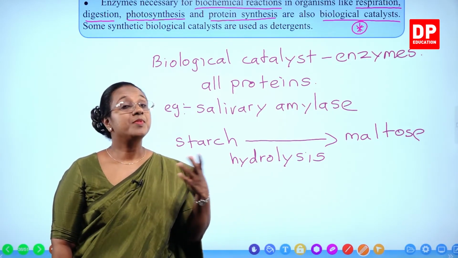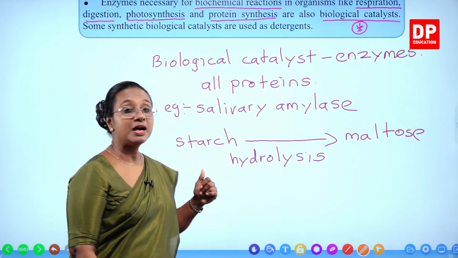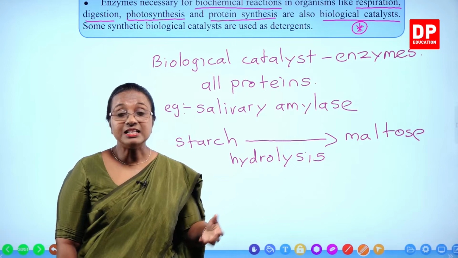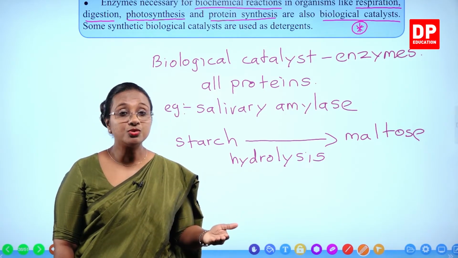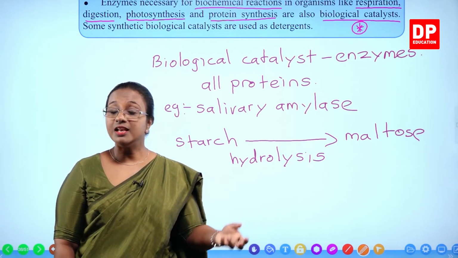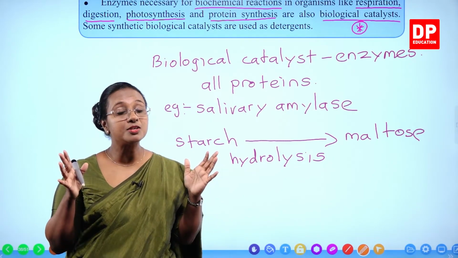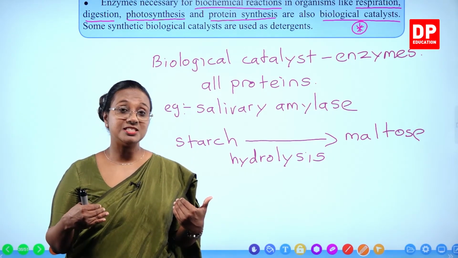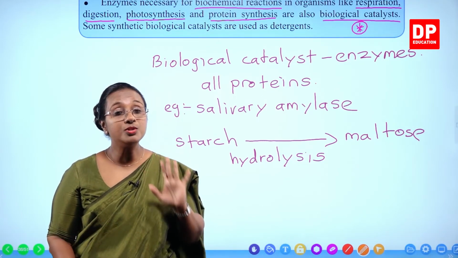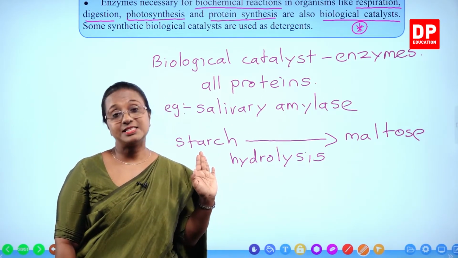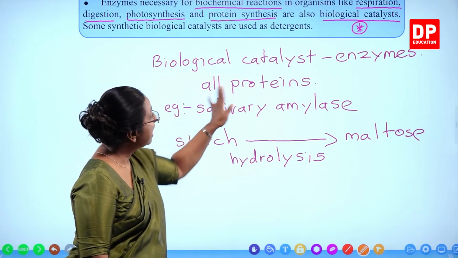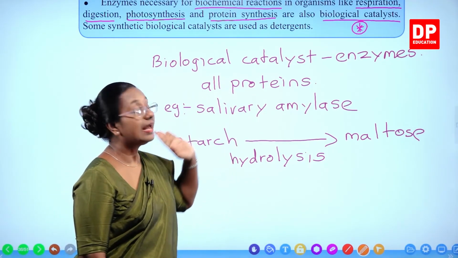Lipase is there, then salivary amylase, then there is amylase inside the intestine, there is maltase, there is sucrase, pepsin, renin, trypsin, like that. There are so many different enzymes related to our digestive system. We will discuss all those functions in your next grade. So for now, you all need to know that the biological catalysts are enzymes.